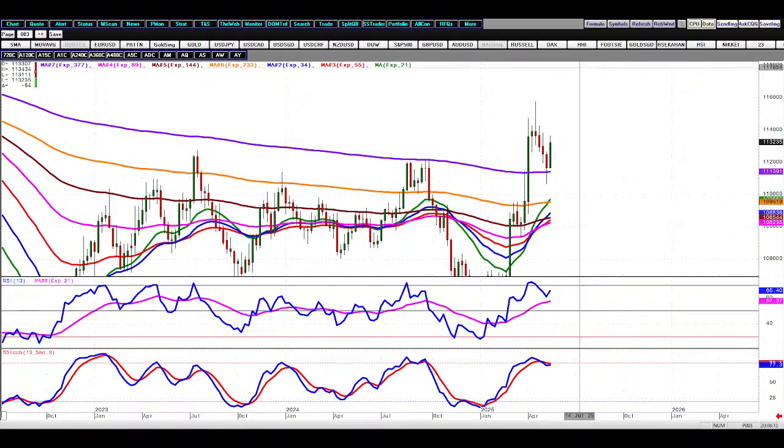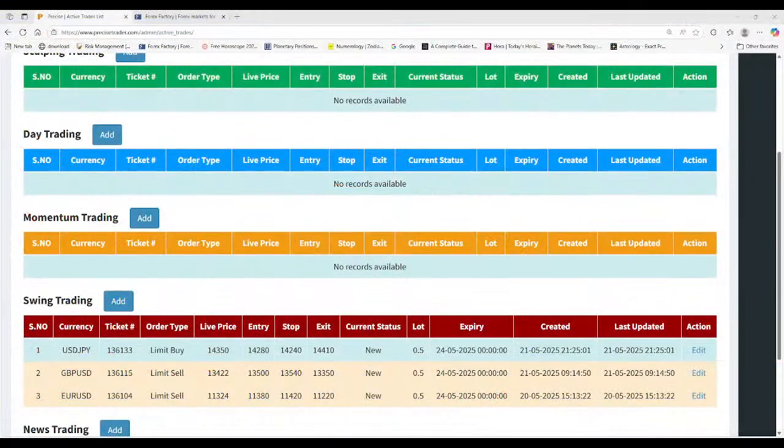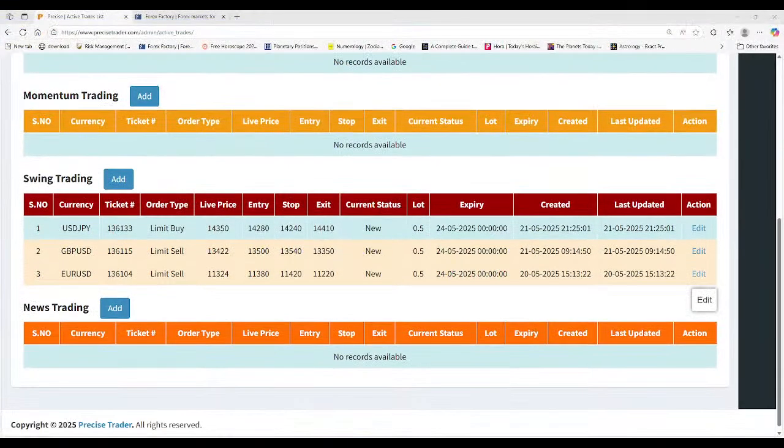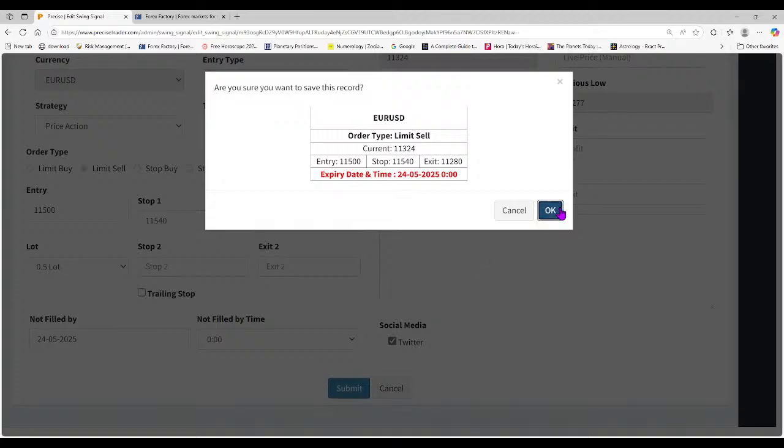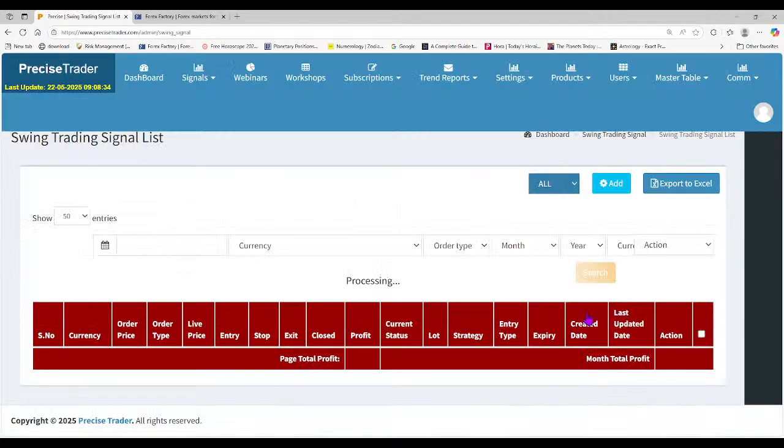So I think we have a sell order at 11380. What we are going to do is revise that to 11540, then the TP will be 11280 as of now. Later we'll do the revision of that price.